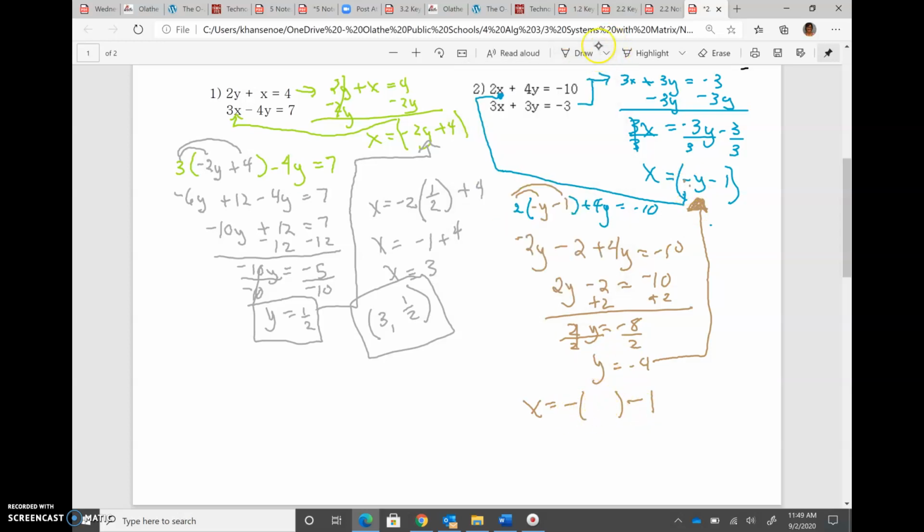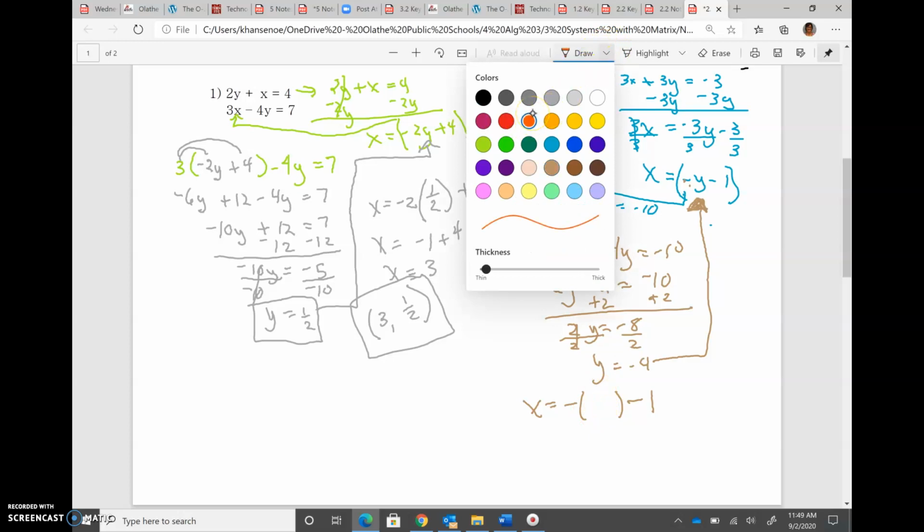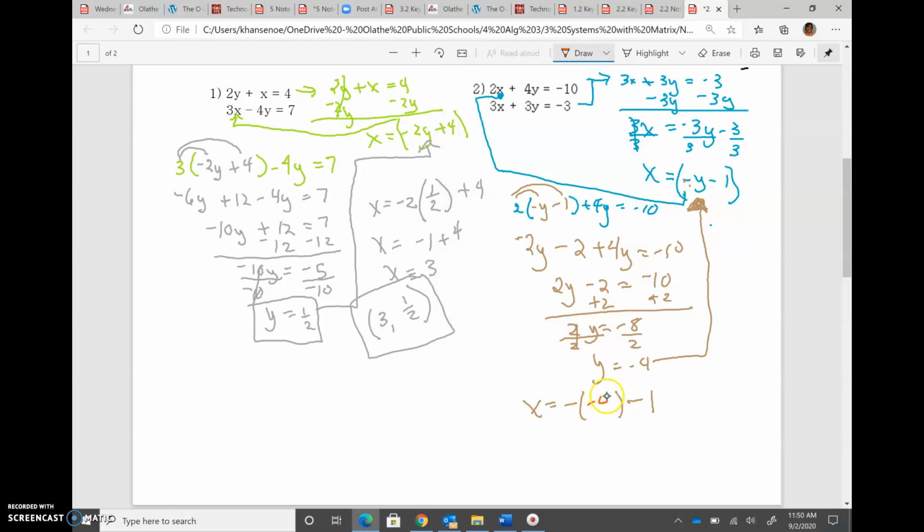So now I'm going to put in negative 4. The reason I put the parentheses is because now you have negative and negative. So now I have x equals 4 minus 1, x equals 3. So what is my answer? It's a point. So it's 3, negative 4.